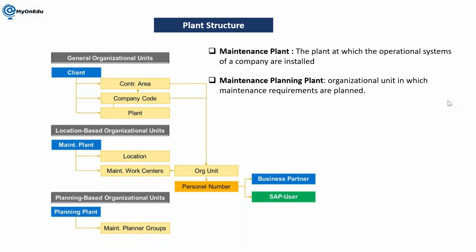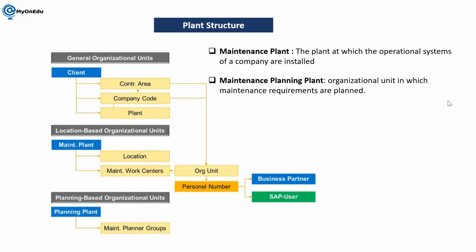In that case, this 1100 is my maintenance plant, where exactly maintenance is going to happen, or where my system is already installed. Wherever it is installed, definitely the maintenance will happen there. It will not be like we are installing somewhere and doing maintenance at another place, right? So the maintenance plant is that plant where my system is installed and maintenance needs to be done.